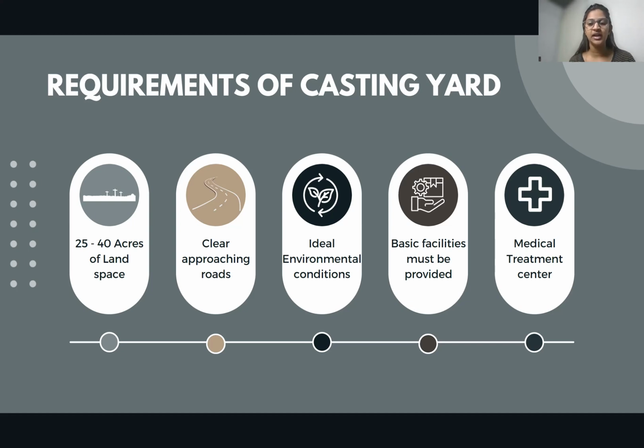And then definitely all the basic facilities must be provided, because there will be a lot of engineers, site engineers, laborers, and project managers. So once in a while, there will be people approaching for inspection purposes. So all the basic facilities, like drinking water and the minimum amount of electricity, have to be supplied there.